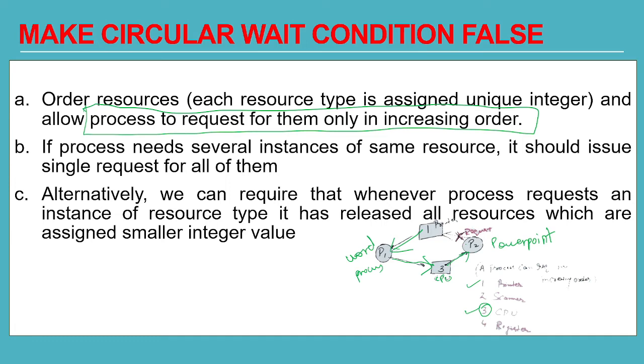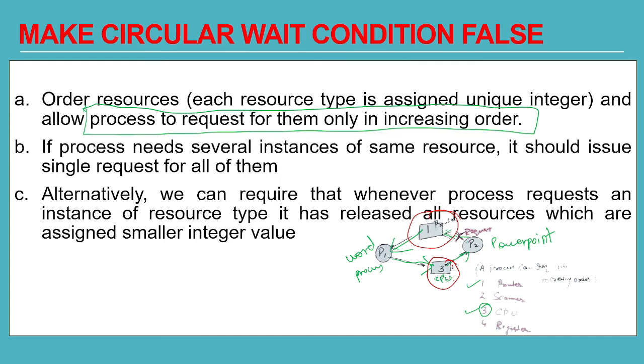So if P2 tries to request resource number 1, that is the printer, it cannot be done. Why? Because the number of the CPU resource is 3 and the number of the printer resource is 1, which is smaller than 3, and you always have to request resources in increasing order. That's why resources are numbered 1, 2, 3, 4.